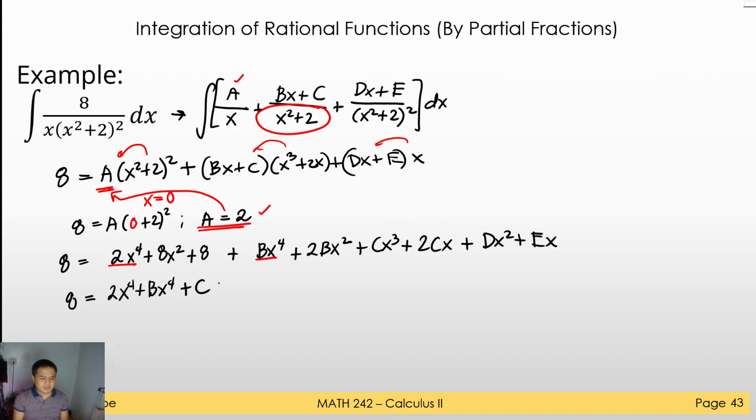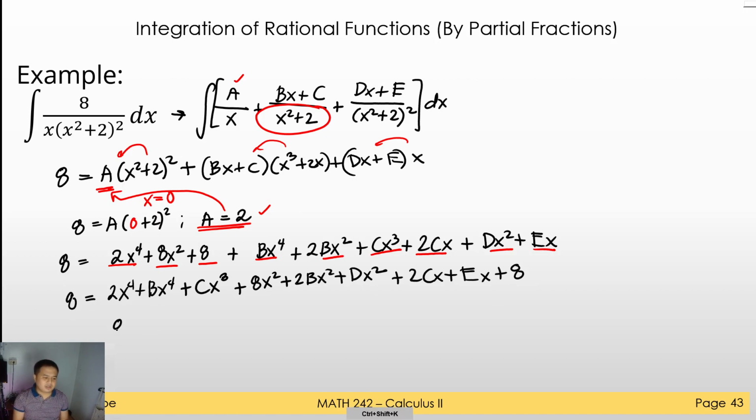So you have Cx cubed for the cube term. And then for the quadratics, or the second degree, you have plus 8x squared, plus 2Bx squared, plus Dx squared. For the x only, you have plus 2Cx plus Ex. And then for the constant, you have 8.